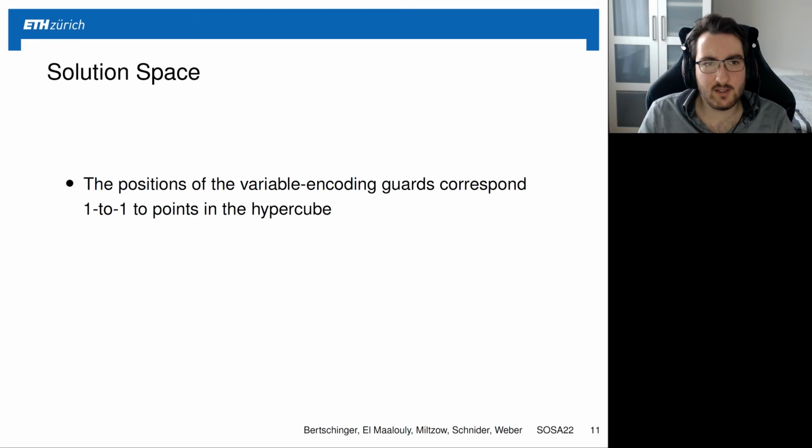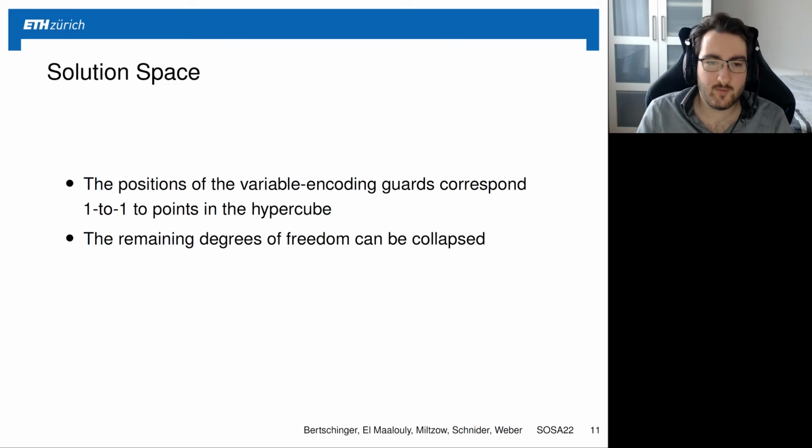Now, finally, let us analyze the solution space of this. So it should be clear that the positions of the variable encoding guards can now correspond one-to-one to points in the hypercube. And due to the way that we constructed the gadgets on the bottom, we know that such an assignment of our variable encoding guards can only be extended to a valid optimal solution if this point in the hypercube actually belongs to our union of hypercube faces that we wanted to encode.